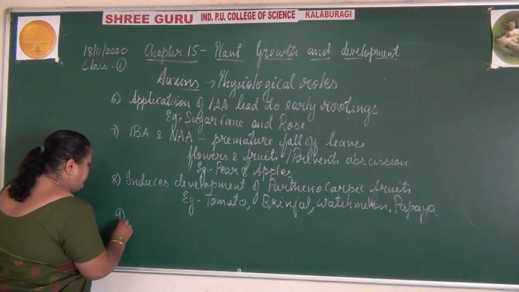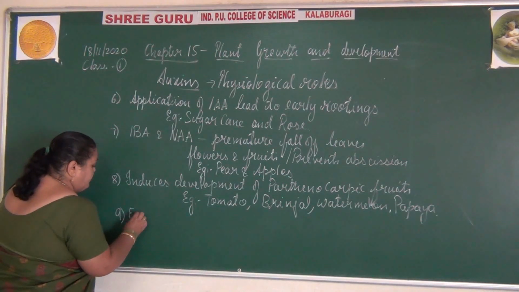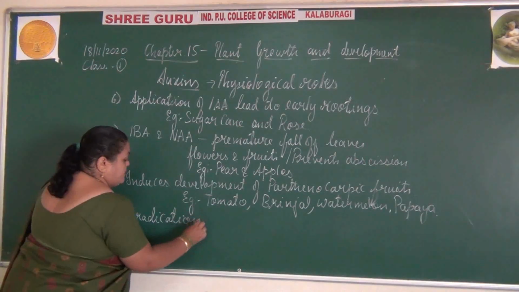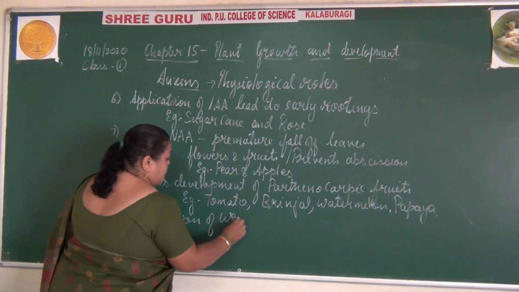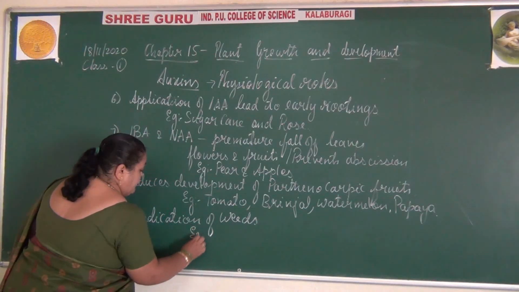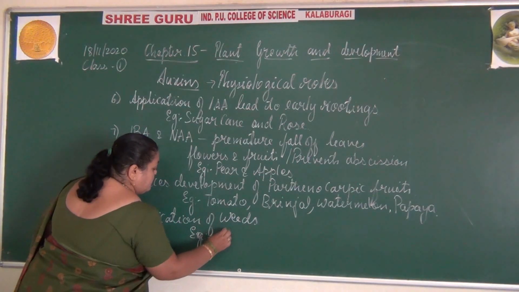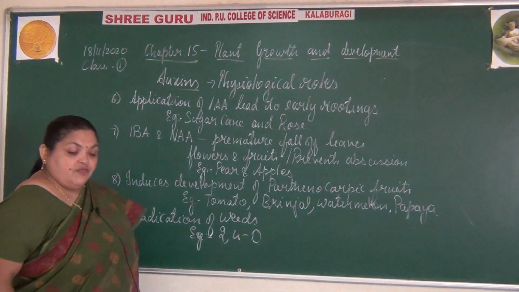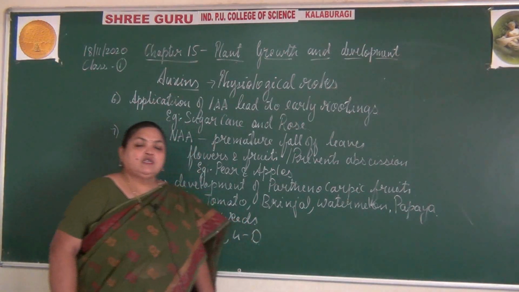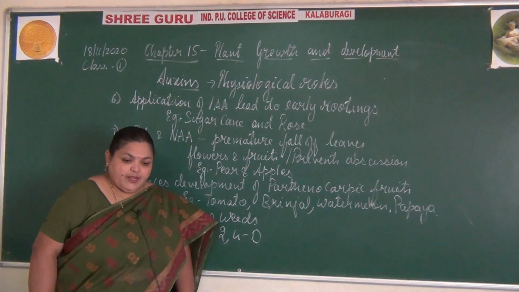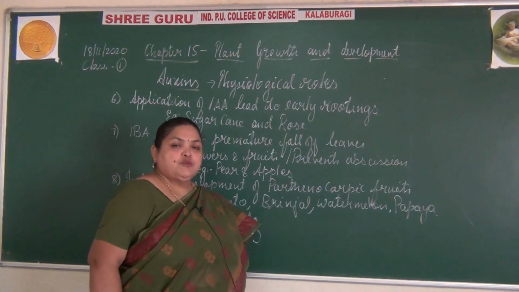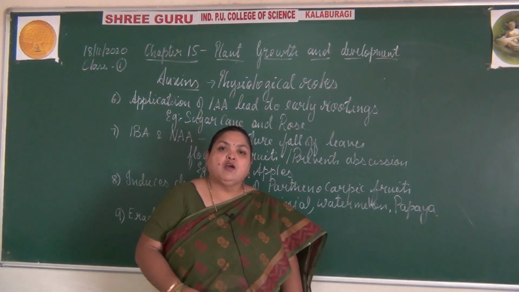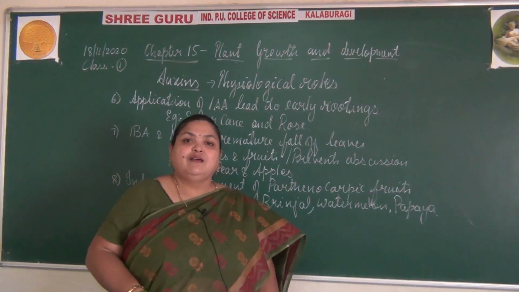Then the last point is eradication of weeds. Example, 2,4-D. Meaning of weeds is what? Unwanted plants. In a cultivation process, the most common weed that grows along with the crop plants is the grass.